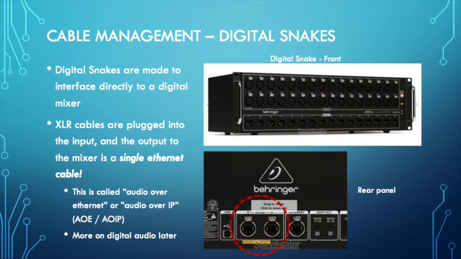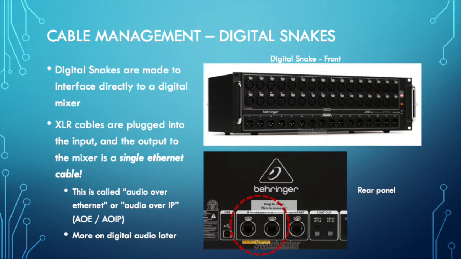panel, it's Ethernet. So instead of having 10, 12, 24, 32, maybe even more XLRs, depending on how big your stage setup is, all going from your snake to a wall panel, or from a snake run to your console, you plug them all in on the stage, and then you have one Ethernet cable taking all of that back to your mixer.